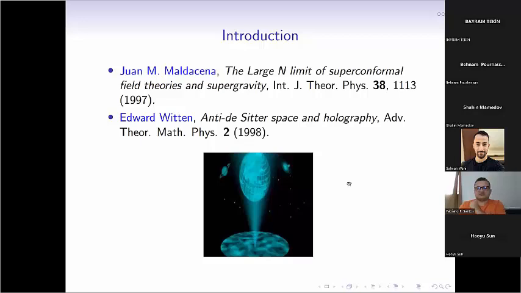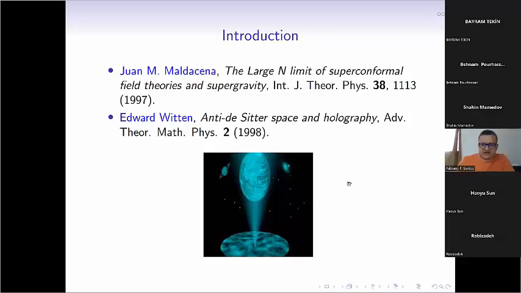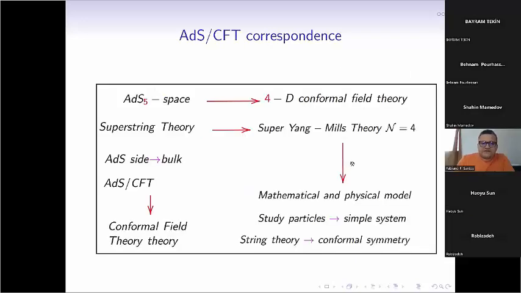As you know today, the AdS/CFT correspondence started with the work of Maldacena and Witten in 1997 and 98. After this proposal, in the last three decades, people have applied this model to some systems.